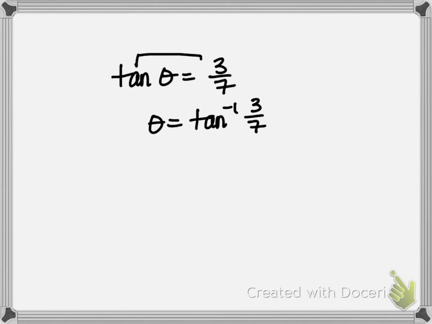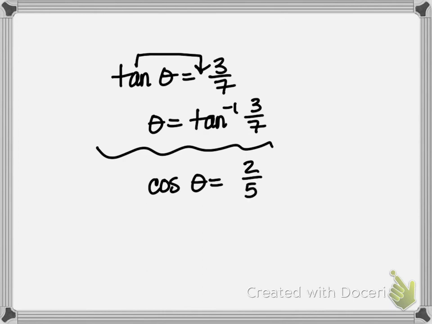The tan moves over to this side. Or if you had the cosine theta equals 2/5, well, the cosine will move over, and you'd say theta equals cosine inverse of 2/5. Okay? So it just becomes an inverse on the other side.